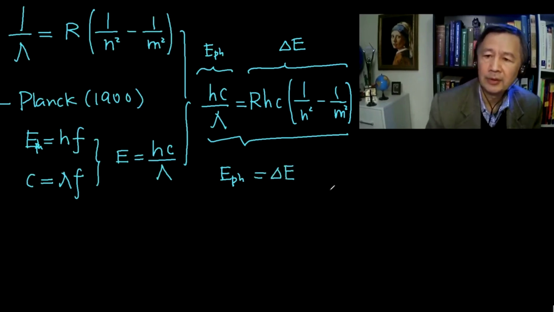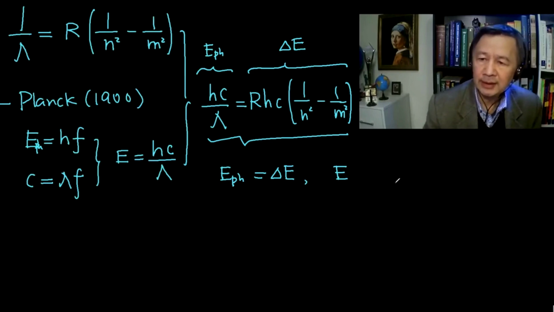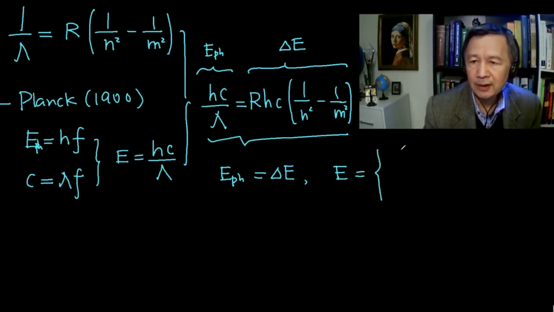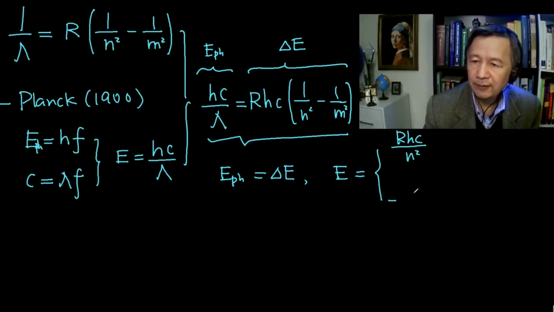In this case, what is the E? There are two ways to write the E, right? One is simply E can be written as Rhc divided by n squared, or you can write it as negative Rhc divided by n squared.